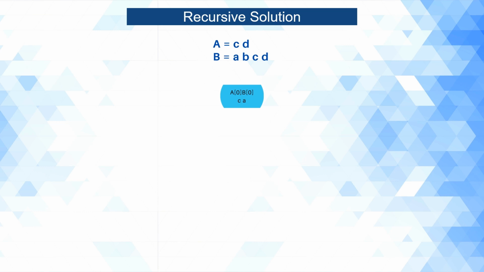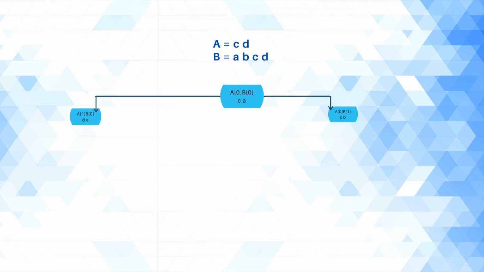So we increase A and keep the B constant and call the recursion, and also we keep the A constant and increase the B, and call the recursion. Like this, we are drawing every branch of the recursion tree at once. So for convenience, let's just concentrate on the left branch only.